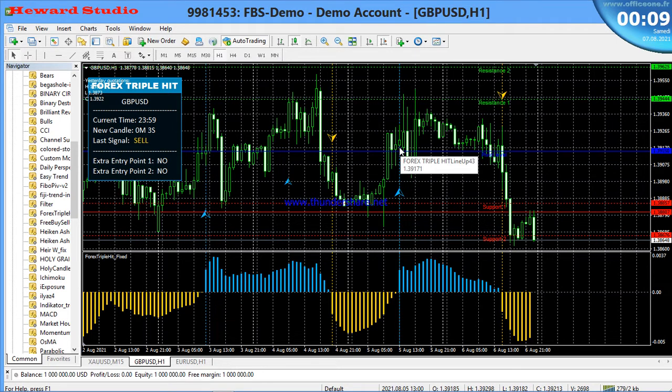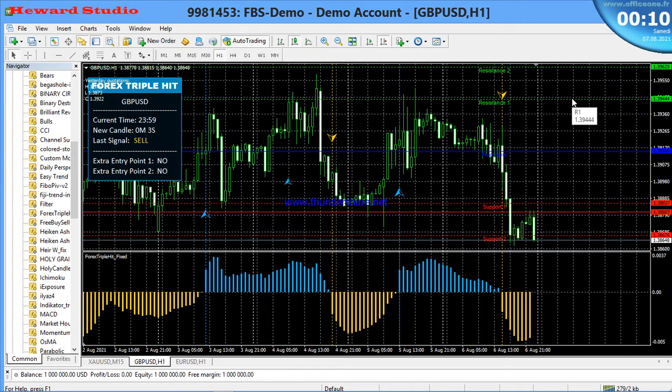The first thing I need to do is, where am I buying to? Where will be my TP? So the first thing that comes to my mind is, I'm looking for the first resistance. So if I'm looking for the first resistance, then I know here, which is 1.39444, is my first TP, and normally I go for the first TP.